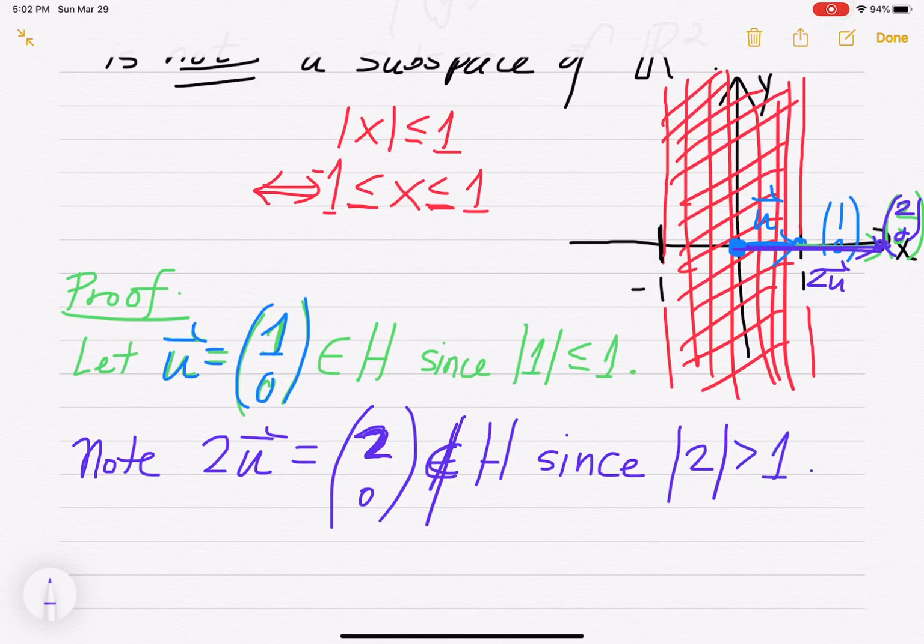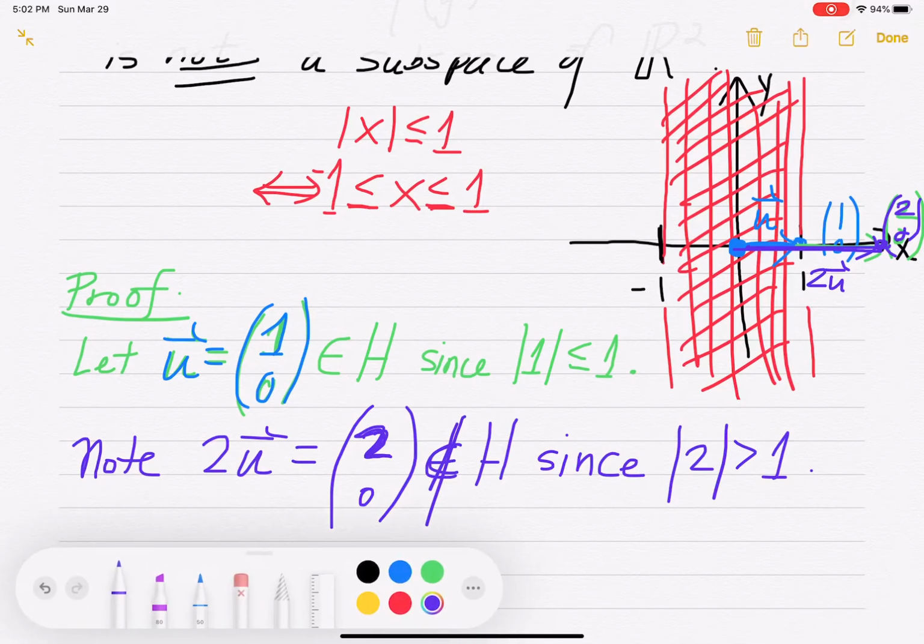Now, there you have it. So what we've done, we've shown that one of the criteria does not hold, in particular the third criterion doesn't hold, right? When you scale a vector, it doesn't end back up in the set.